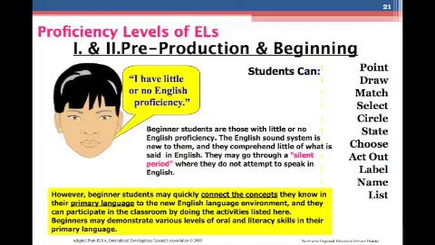So instead of expecting beginning English learners to be passive students, we really want them right away to be active students, and we can then frame our instruction around asking them to point or draw or match or circle information in order to show us what they are learning. And that's very important to know.